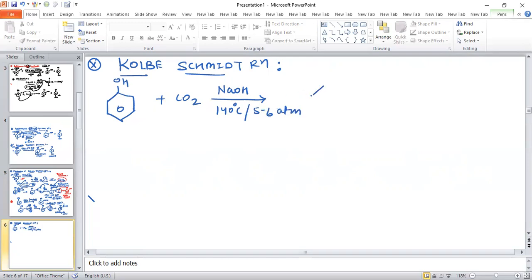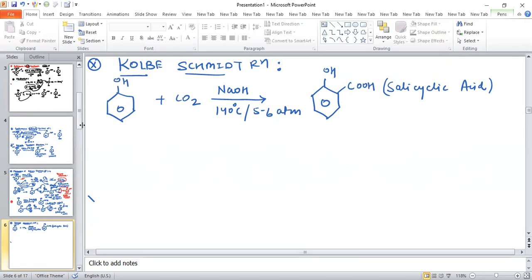So basically, first I am explaining the direct product, then we will discuss the mechanism. So this is having OH group, and at the ortho position a COOH group is obtained. So we call this product salicylic acid.